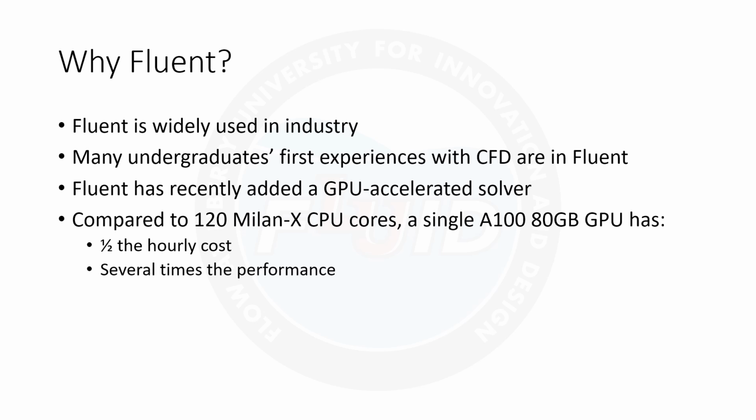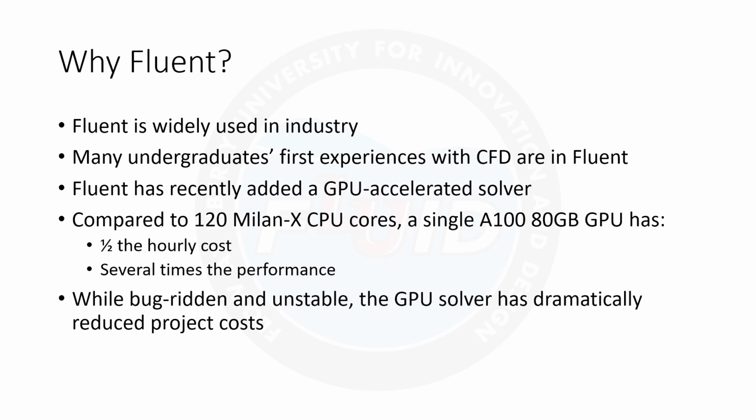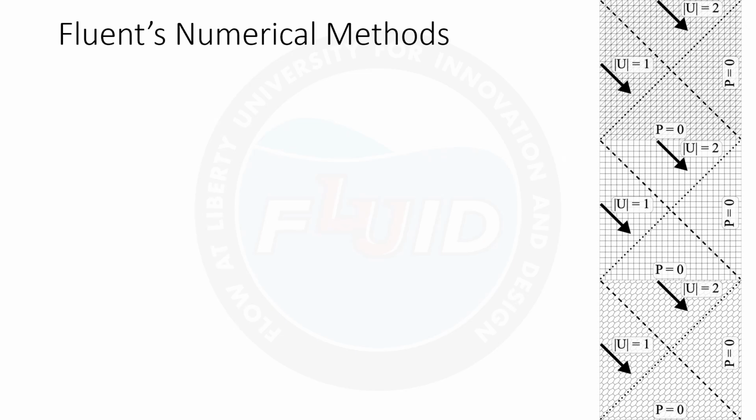So those two things are multiplicative, where at half the hourly cost, it's going to get you your results several times as quickly. So that's a huge difference. And unfortunately, the GPU solver is currently full of bugs, very unstable, has given us a lot of problems, but despite that, it has dramatically reduced project costs.